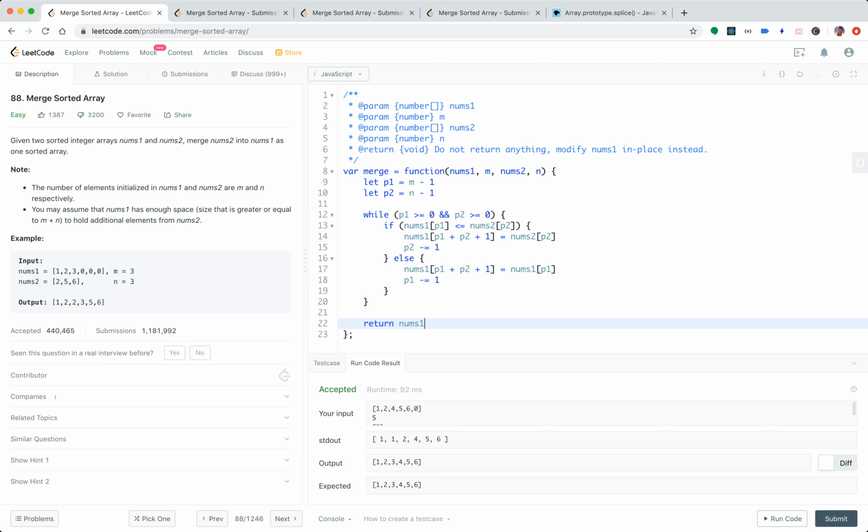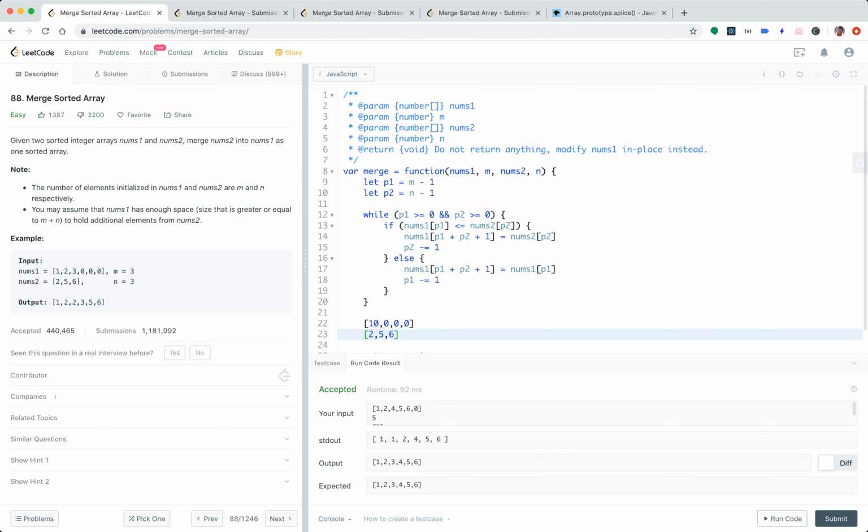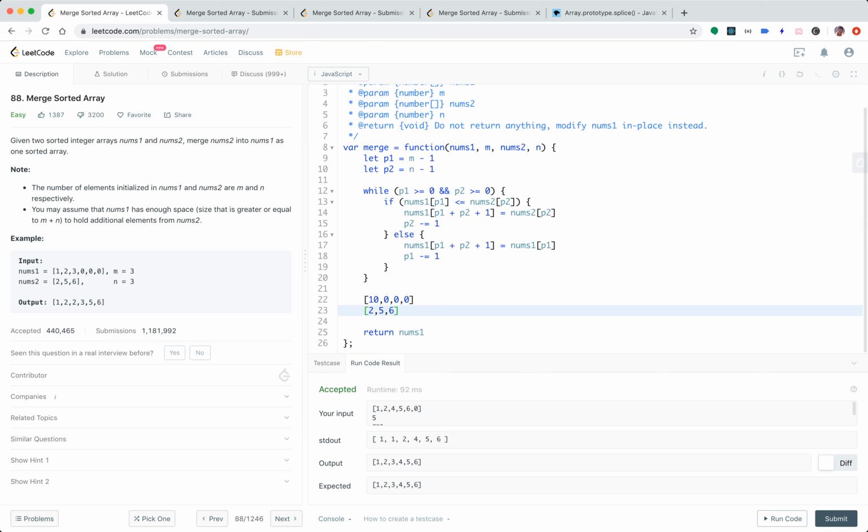Like there's a case, for 10, 0, 0, 0, 0, and we have 2, 5, 6. And now with our algorithm, this will become 10, and then we will compare. So some of them will be left. If it's nums1, then it is okay. But if it's nums2, oh yeah.